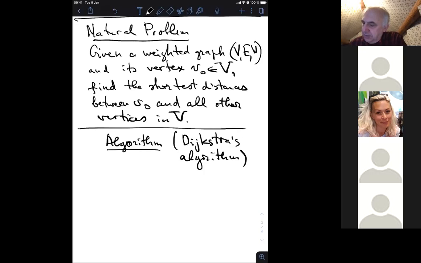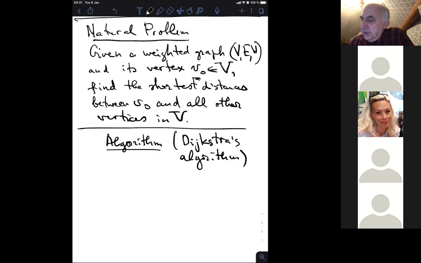The input of the algorithm should be, say, the adjacency matrix and the weights of all edges, and the output should be the set of lengths from this chosen vertex V0 to all other vertices in your graph.